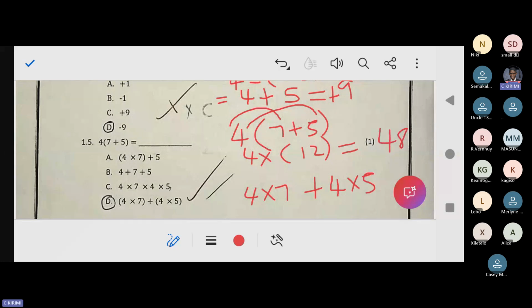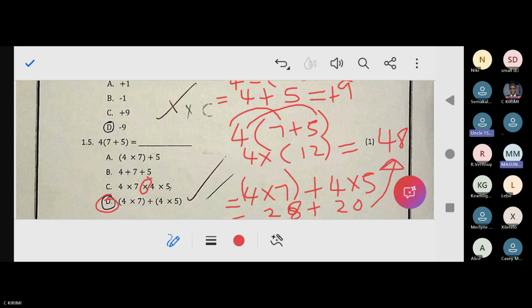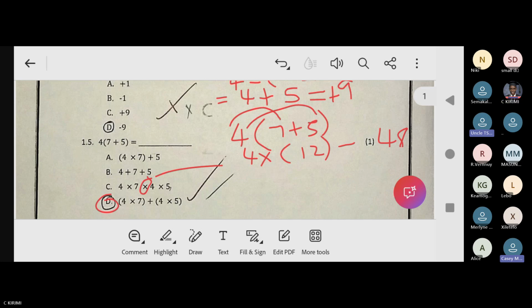You can still verify the answer: 4 times 7 is 28, then 4 times 5 is 20. So which answer was correct? D is wrong here because the sign is supposed to be a plus.